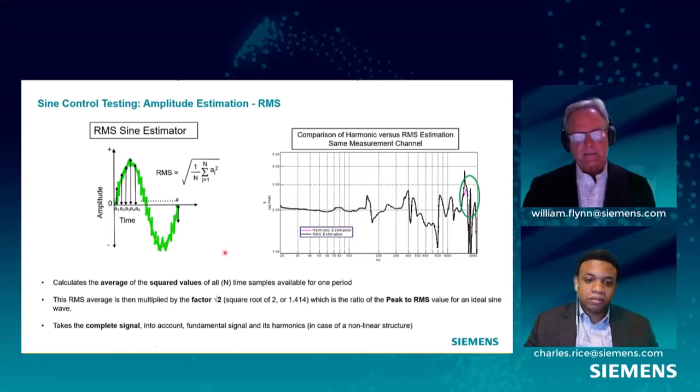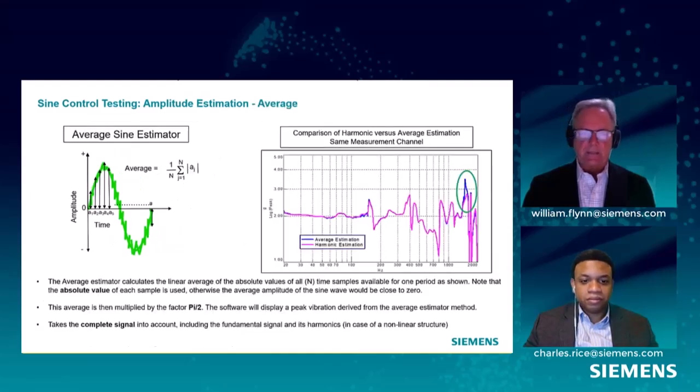But in this case, it's going to take into account the entire signal, including all the portion of the signal that's outside that immediate harmonic frequency, the instantaneous frequency that's being applied to the structure. So that's what the RMS estimator does.